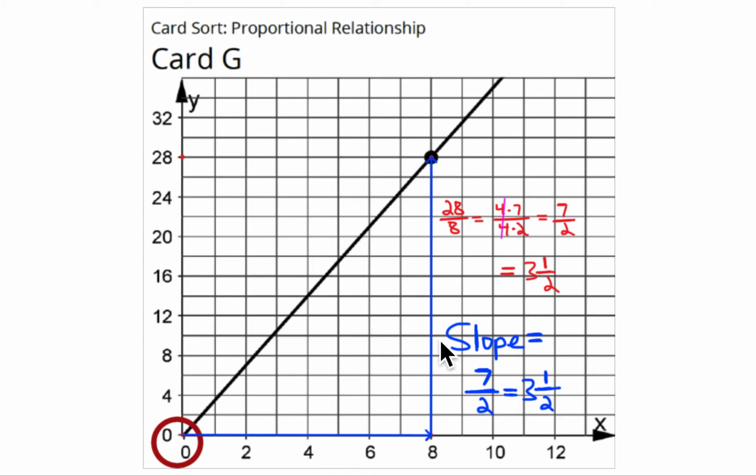So the number of units along the y-axis is 7 halves times the number of units along the x-axis. So 7 halves of 8 is equal to 28. Take 8 divided by 2, that's 4. 7 times 4 equals 28.